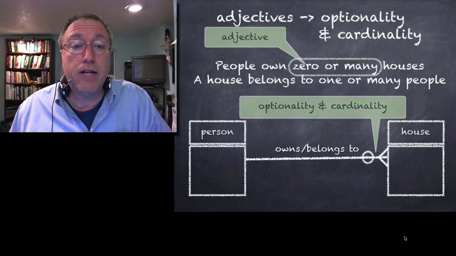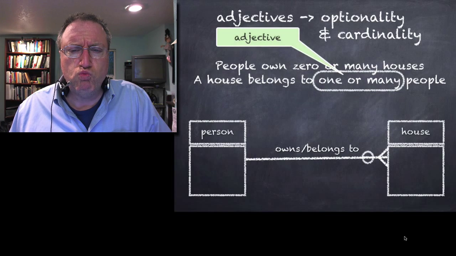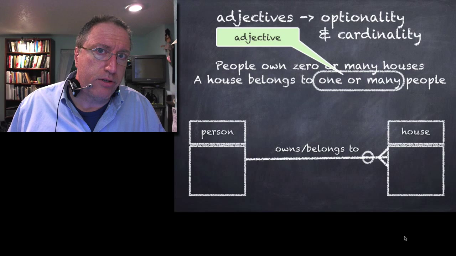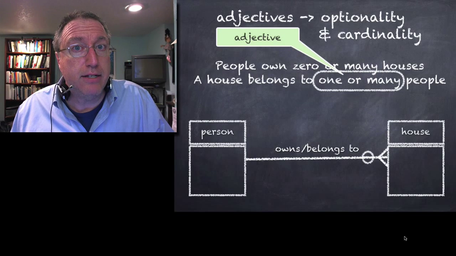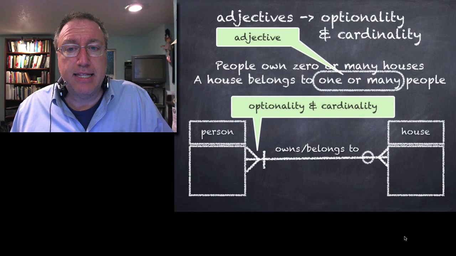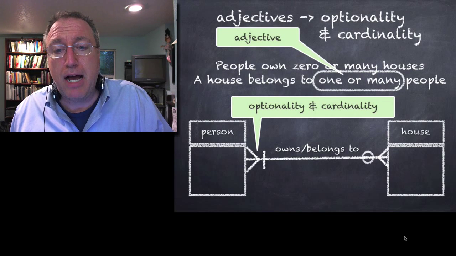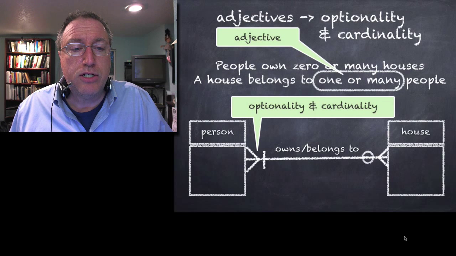Then let's look for another adjective. One or many. One or many people. That's going in the other direction, so we'll put it at the other end of the line, and that looks like this. So the optionality and cardinality of the relationship from house to person is shown at that end of the line.